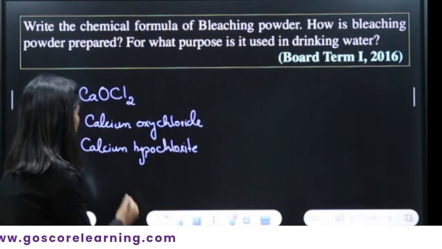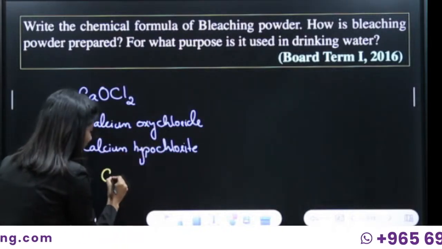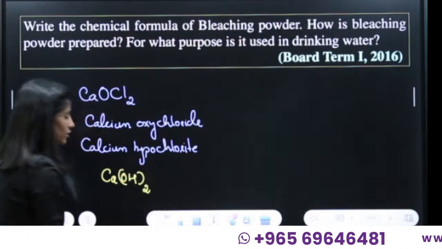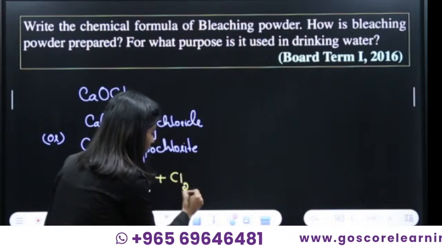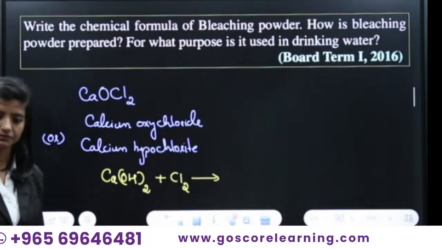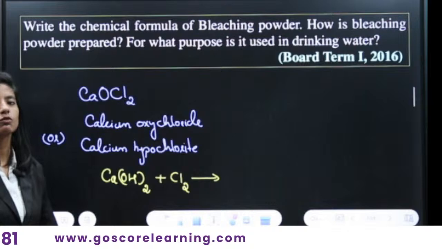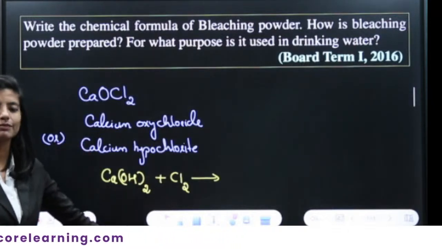Okay, so chlorine is Cl2, and we know that slaked lime is calcium hydroxide, that is Ca(OH)2. To the calcium hydroxide, I am passing the chlorine gas, so what do we get? What are we preparing? We are preparing the bleaching powder. So the product will be bleaching powder itself.